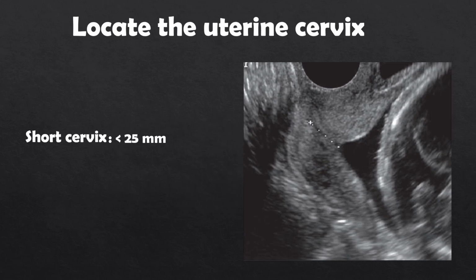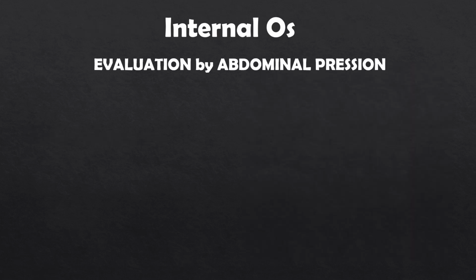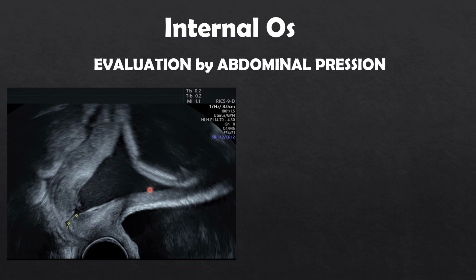Here are some examples of short cervixes. In the first one, you can see clearly that the cervix is shortened to less than 20 millimeters, significantly below the expected size of 25 millimeters, which is the threshold for the risk of premature labor. In the next example, we can see that the cervix is even shorter with the pouch protruding into the cervix.